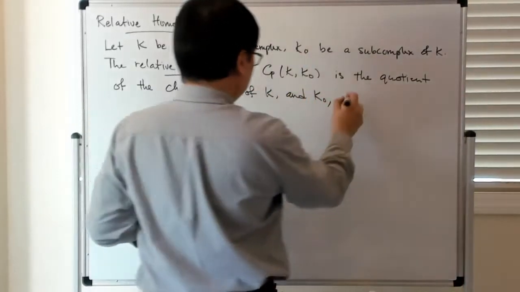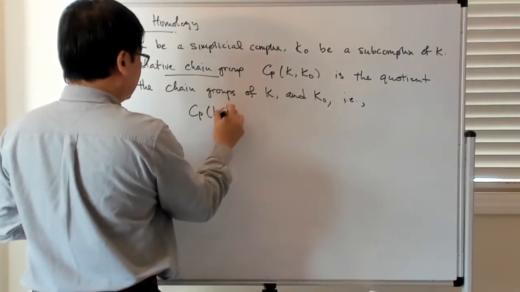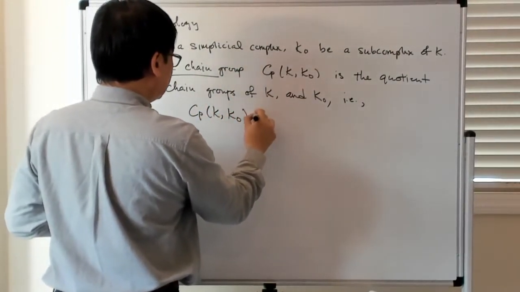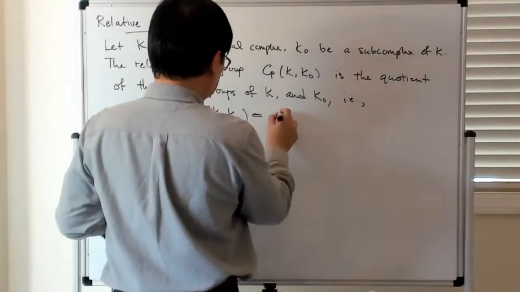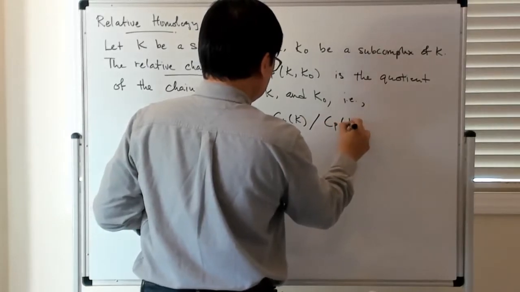So this basically means that C_p(K, K0) is defined to be C_p(K) quotiented by C_p(K0).